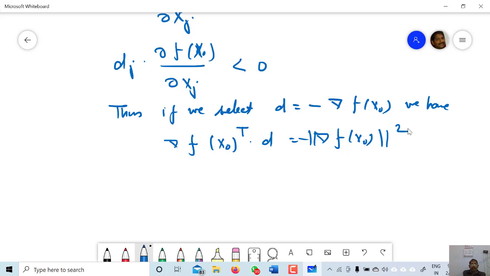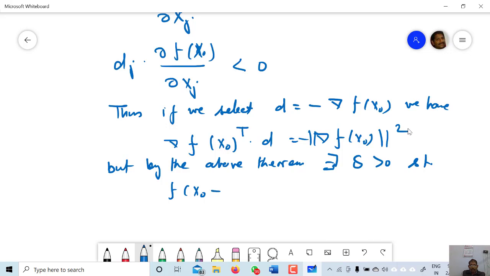But by the above theorem, the theorem which we have proved above, there exists a delta greater than 0 such that f of x0 plus lambda d is less than f of x0, for all lambda belonging to 0 and delta.